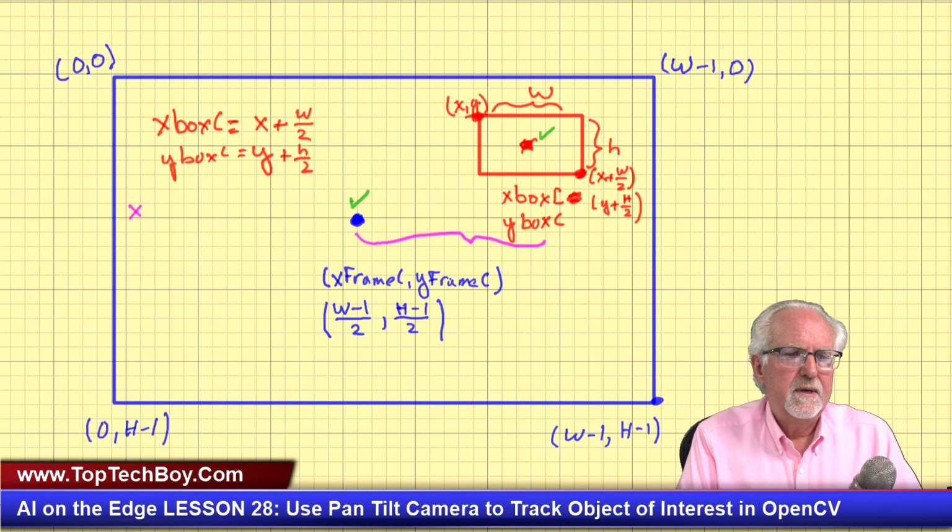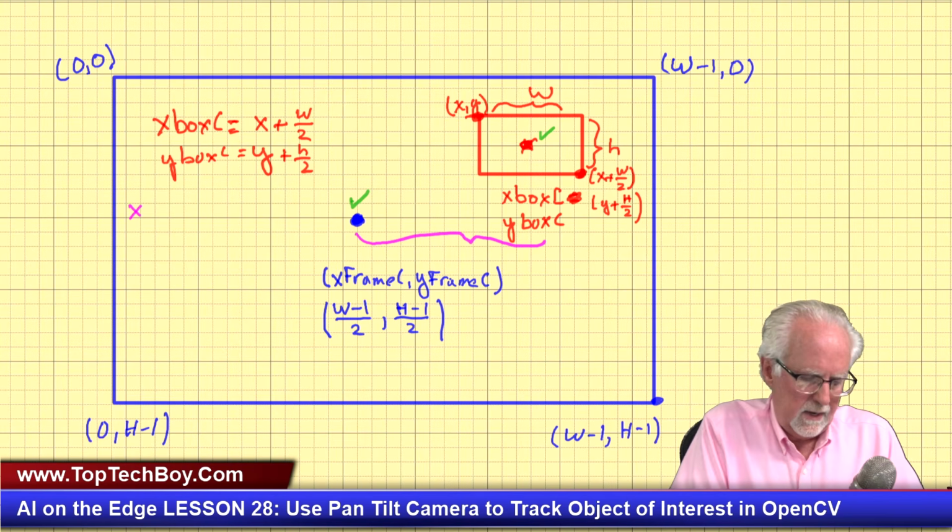The X error is going to be equal to where we are in the box, which is the X box center, minus where we want to be, which is the X frame center.